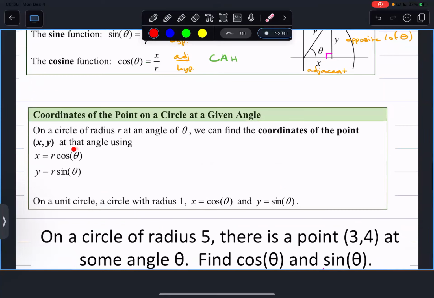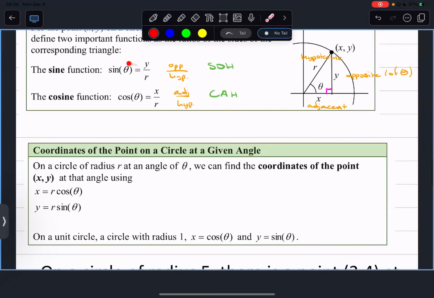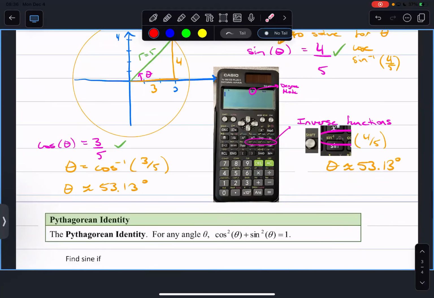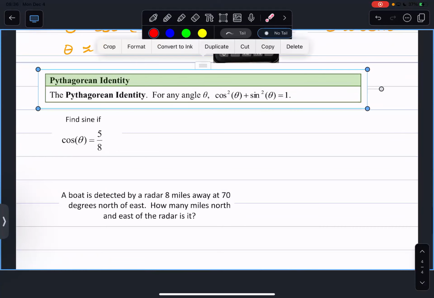But this is just a special case, or like a rewritten case of this one. So this one's really the only one that you need, right? It just depends on if you want to solve for x and y, then it's nice to have them rearranged already. But nice. Okay.